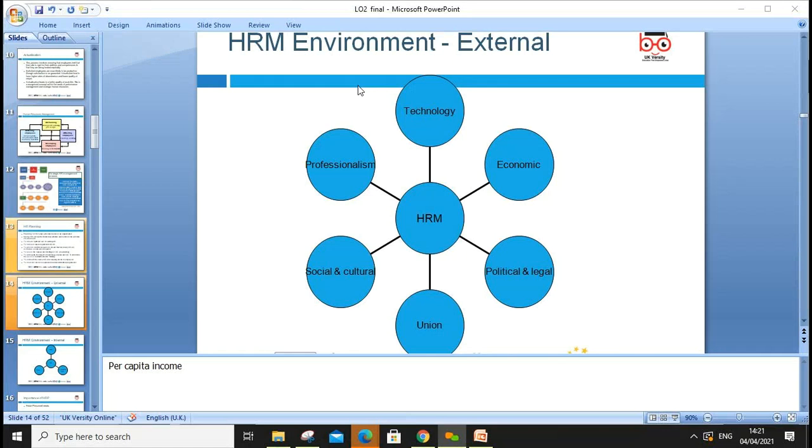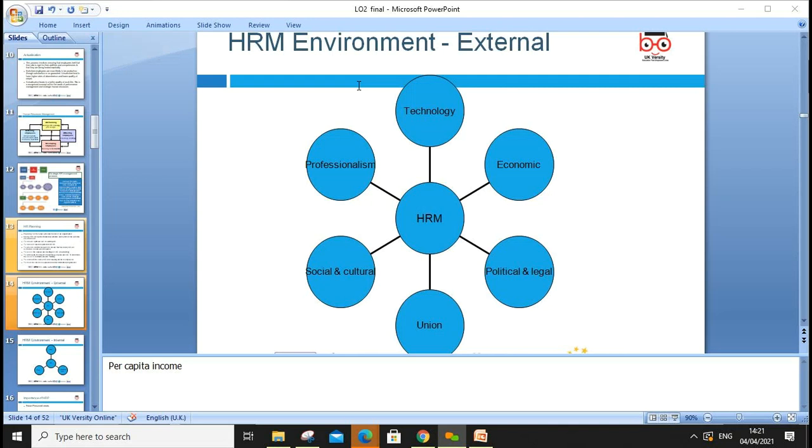Per capita income, per person income. Good. Yes, per person income, which means GDP divided by population. GDP divided by population equals per capita income. So you can find World Bank data on per capita income.